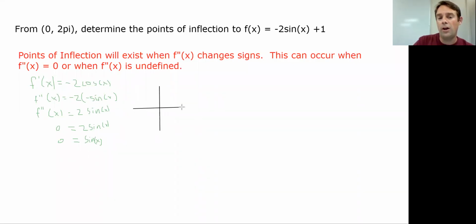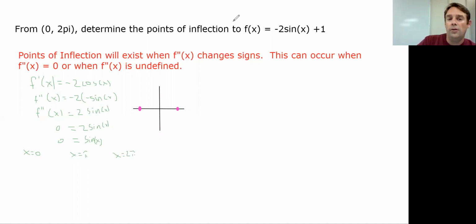Sine is 0 when my y value is 0. So that's going to be here at 0, pi, and 2 pi. So that means x equals 0, x equals pi, and x equals 2 pi.